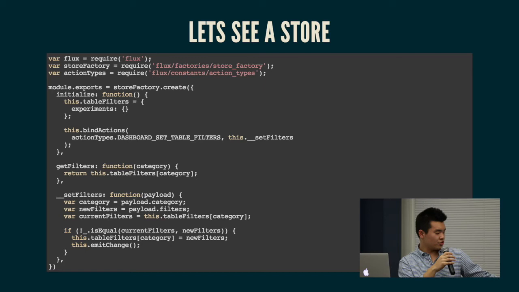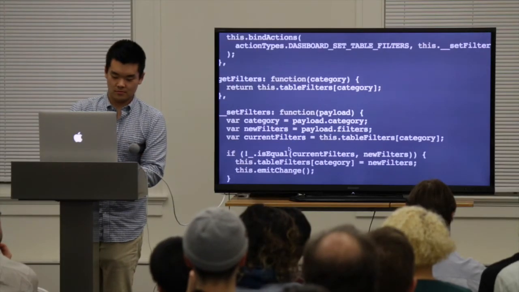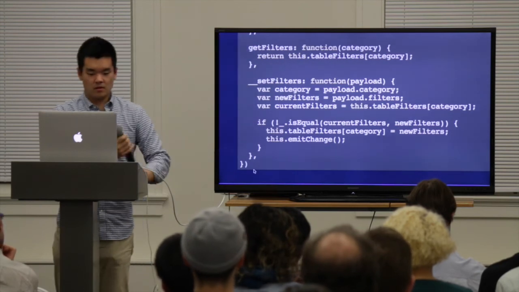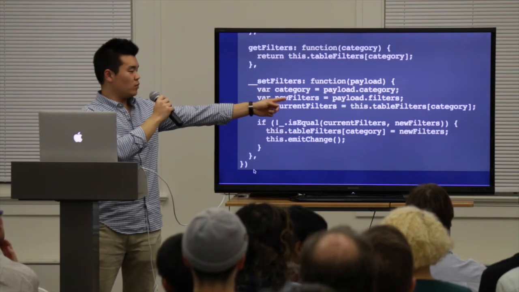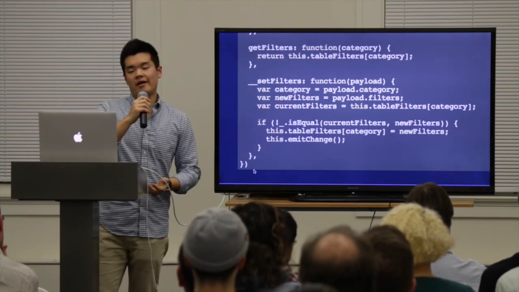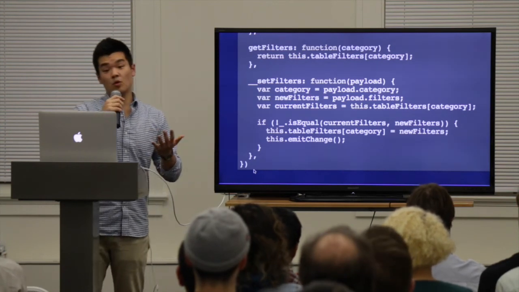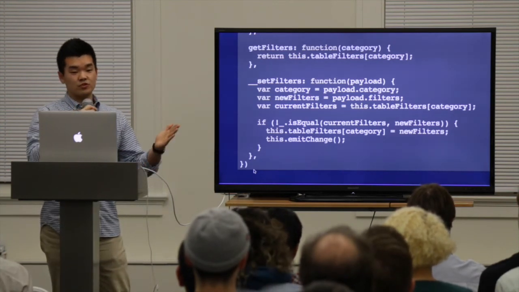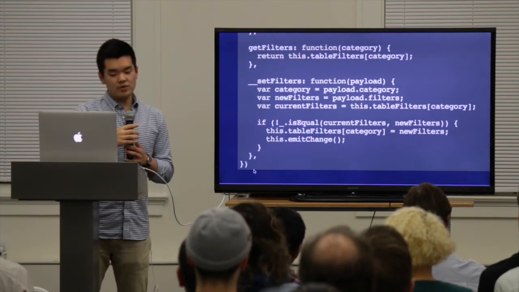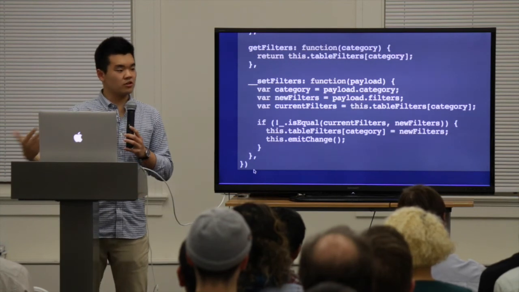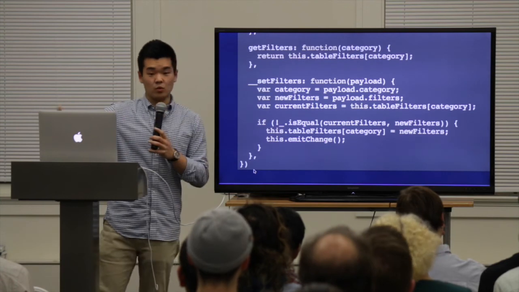And in the set filters function, it takes a payload, it pulls out what category it is and what the filters are. And the category is used so that we don't have one store per instance of filtered value. So this store manages multiple values. And then we say, if the new filters aren't equal to the current filters, change yourself and then tell the world you've changed.